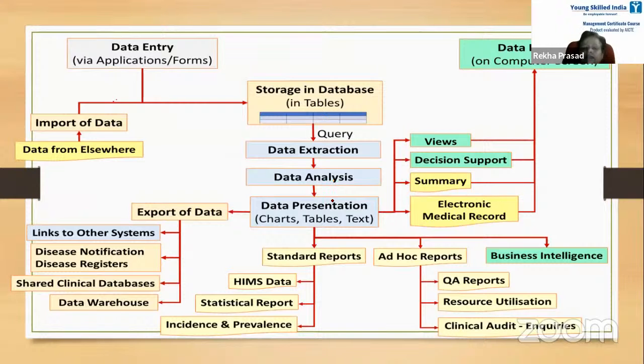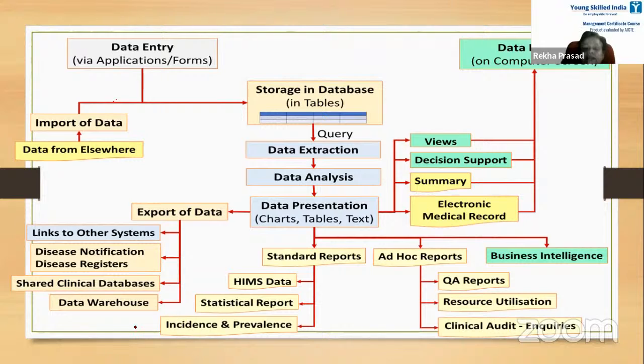Then data can be presented in the form of charts, tables and text. Then it can be exported to other systems, disease notification, disease registers; you can do all of these. Shared clinical databases, data warehouse where metadata and big data are stored.